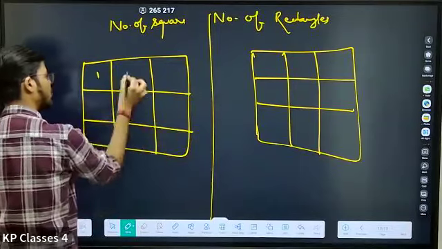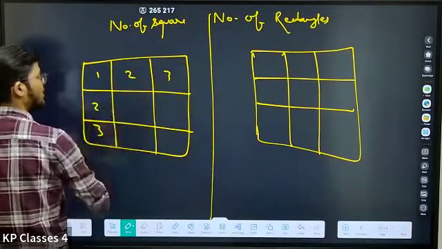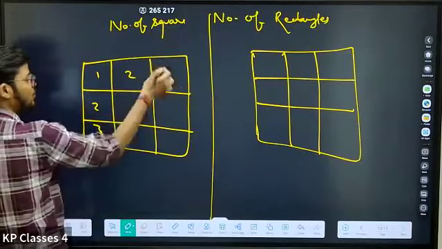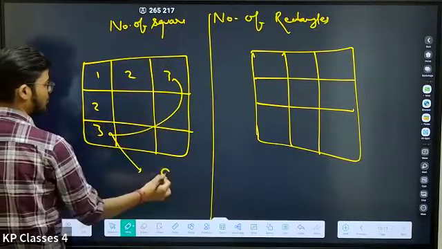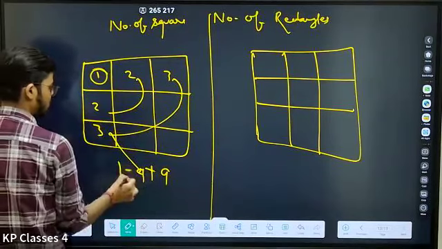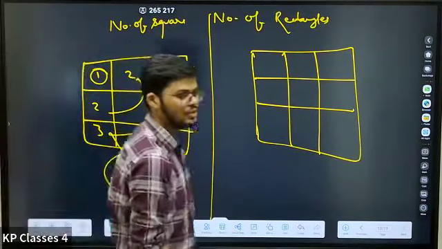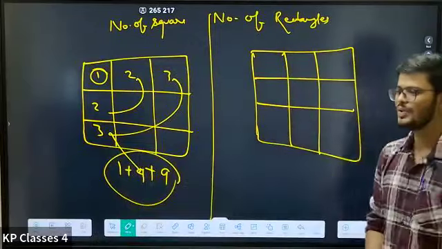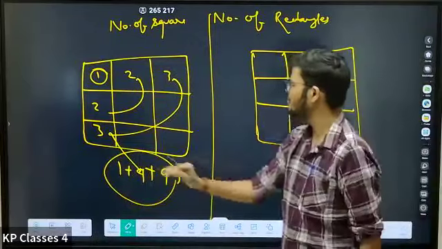Now in this case also, 1, 2, 3, and 2, 3. Then after that, we are counting the number of squares. 3 into 3 will give you 9. 2 into 2 will give you 4. 1 as it is. 1 plus 4 plus 9 are going to be the number of squares. You can get the answer 9, 4, 13 and 1, 14.